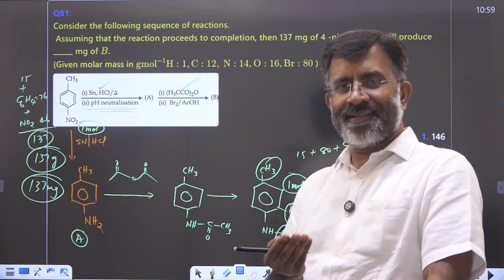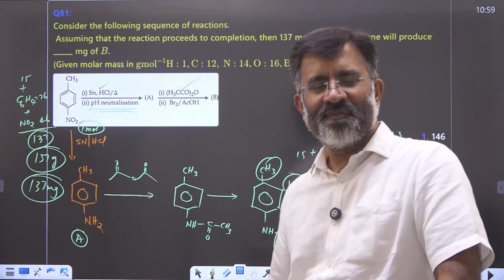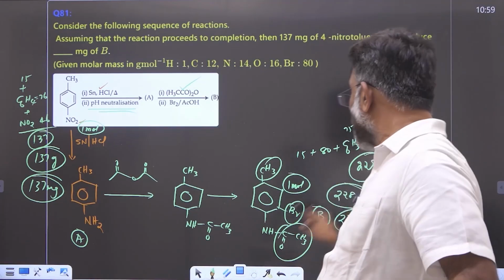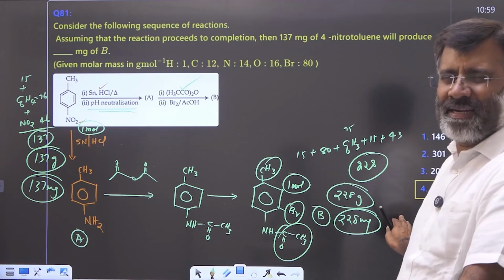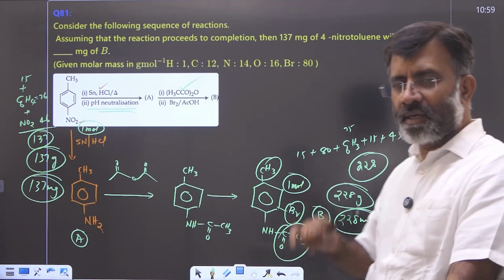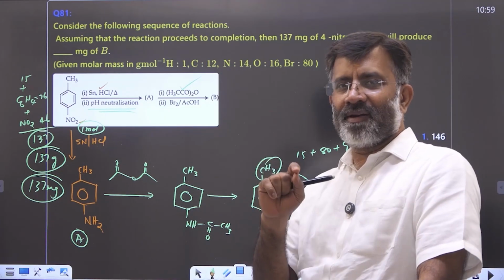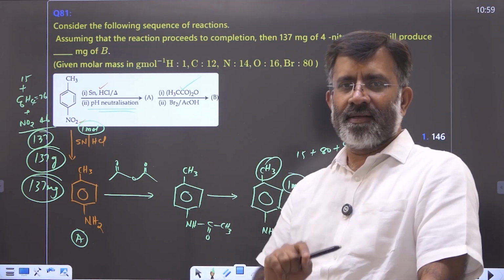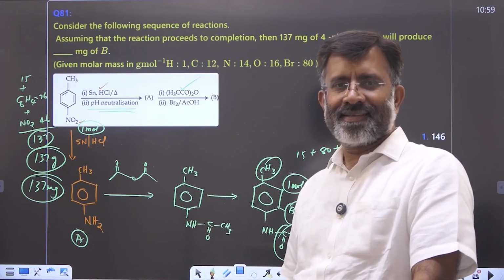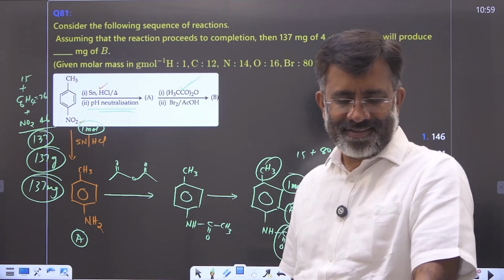Missing one hydrogen will make you lose the mark. In choice type questions, it is pretty simple, or rather less risky. In numerical type questions, when you miss one atom while finding the molar mass, it is highly risky.